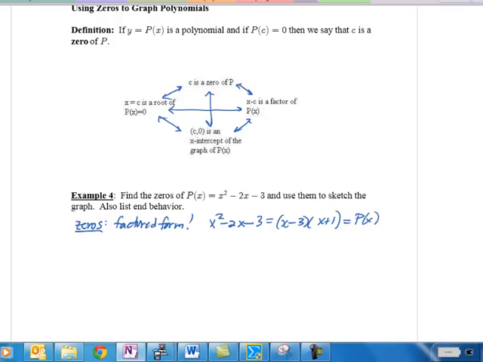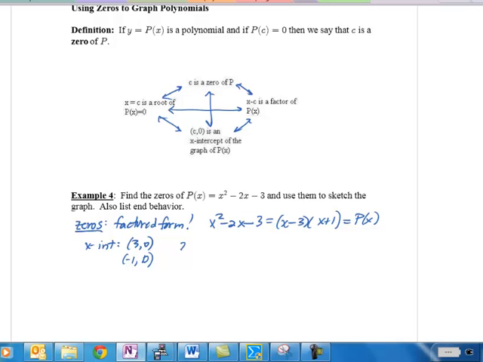So that's my polynomial in factored form. So if x minus 3 is a factor, then (3, 0) would be an x-intercept, and if x plus 1 is a factor, then x equals negative 1, so (-1, 0) would be an x-intercept. So the x-intercepts are (3, 0) and (-1, 0).